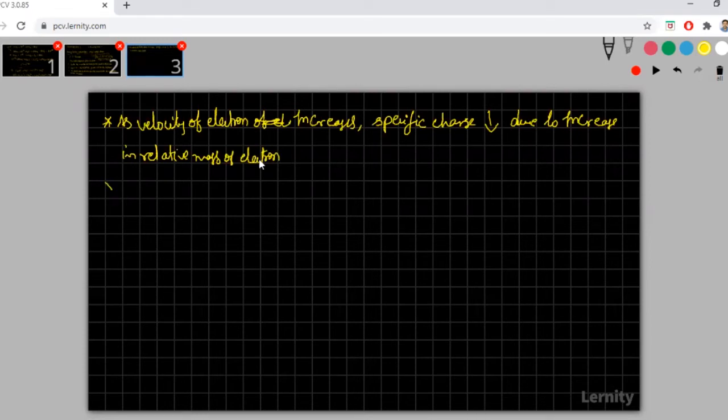Now I want to give an important formula which will be useful for exams. The mass of a moving electron is m equal to m naught divided by root of 1 minus (v by c) whole square.